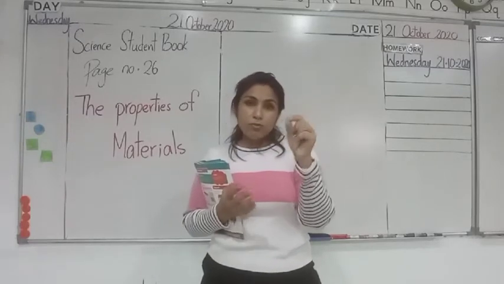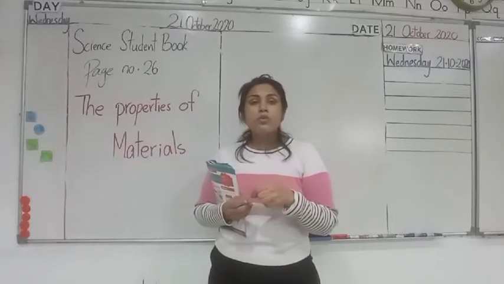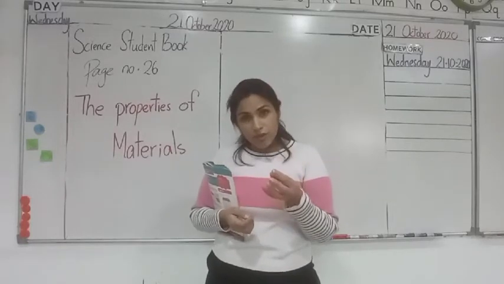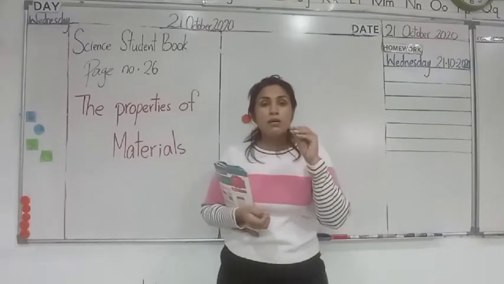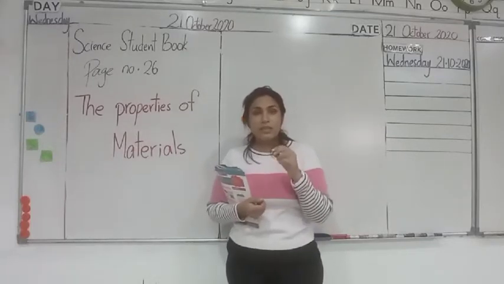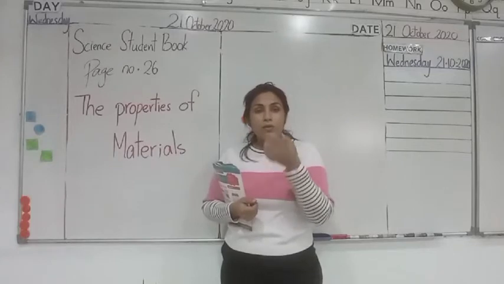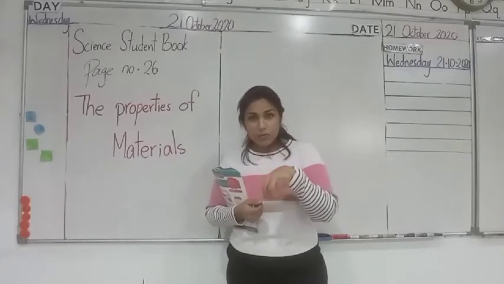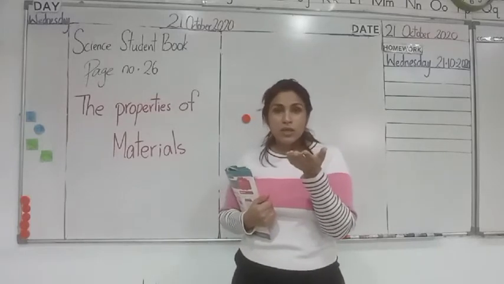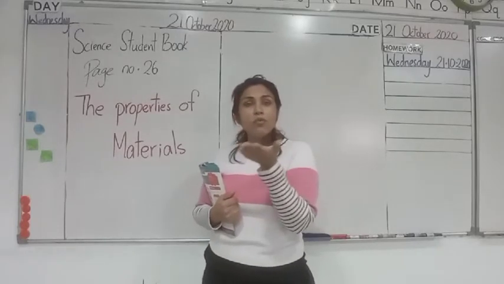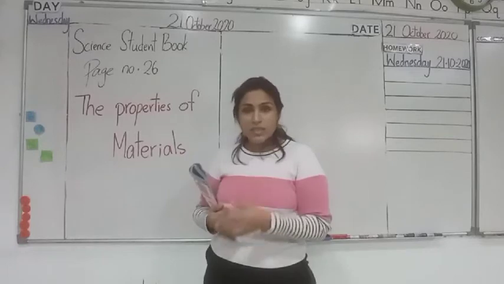You can use things which are a bit heavier and things which are lighter. You drop them into a transparent glass of water and see which things sink. They go right to the bottom of the glass, and things which float are very light, they start floating on the water, they cannot sink.